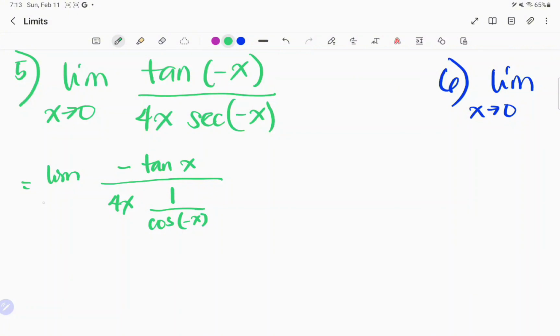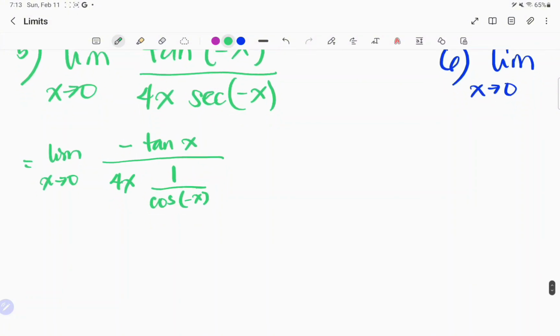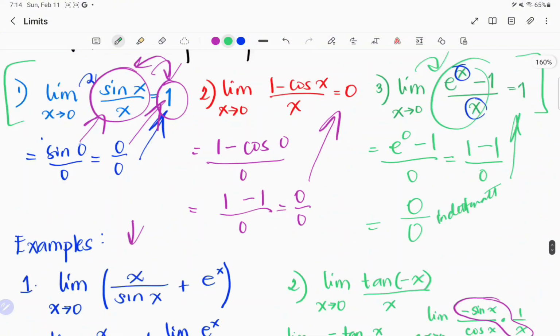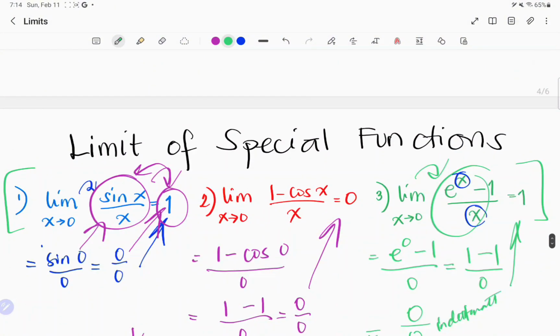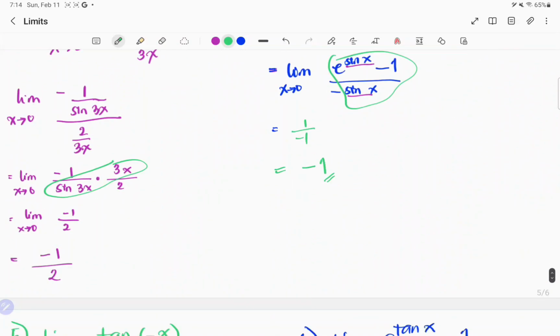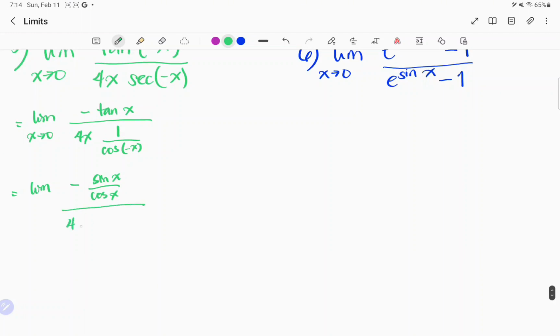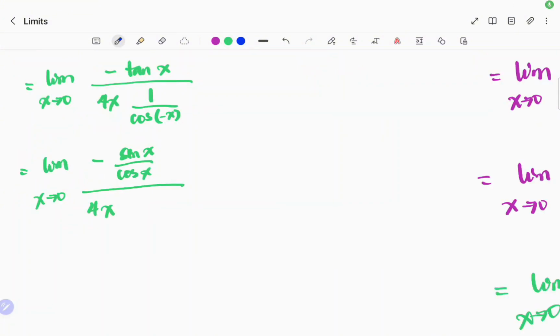And then as x approaches 0, to further simplify this, we have the limit of negative tangent, and tangent can be written as sine x over cosine x. Why? Because there's no tangent x in our 3 special functions. So we have to remove the tangent and change it to cosine or sine. And then over 4x times 1 over cosine x.